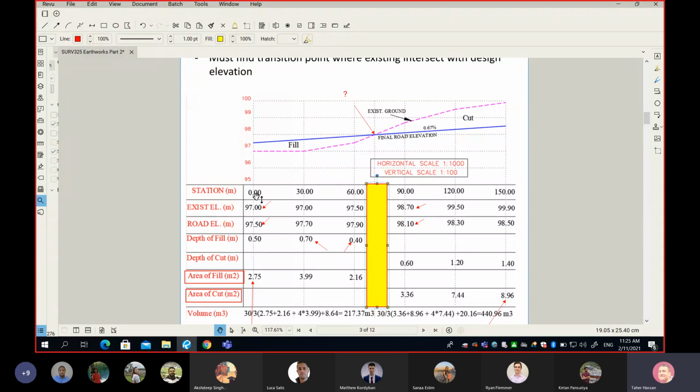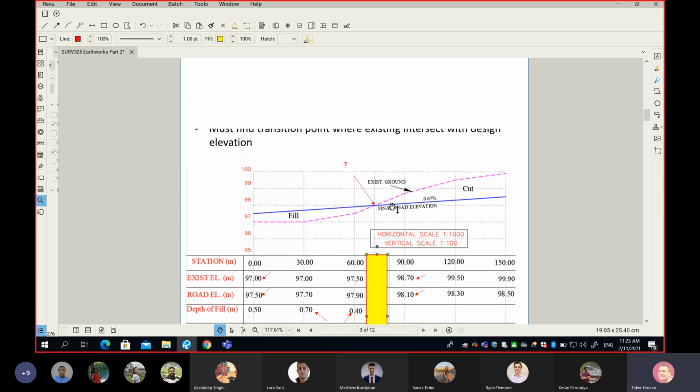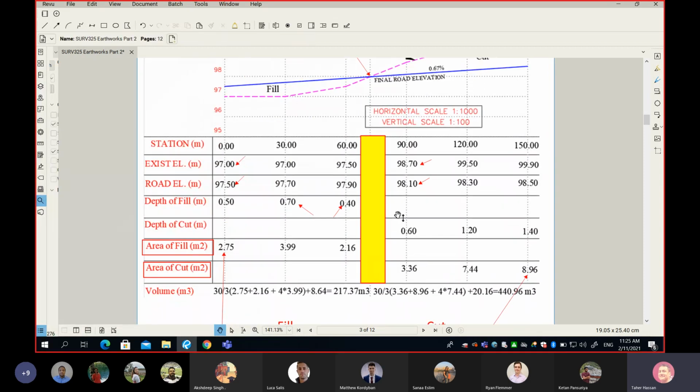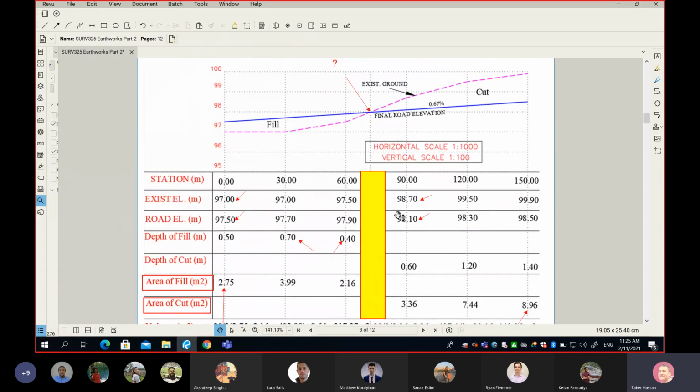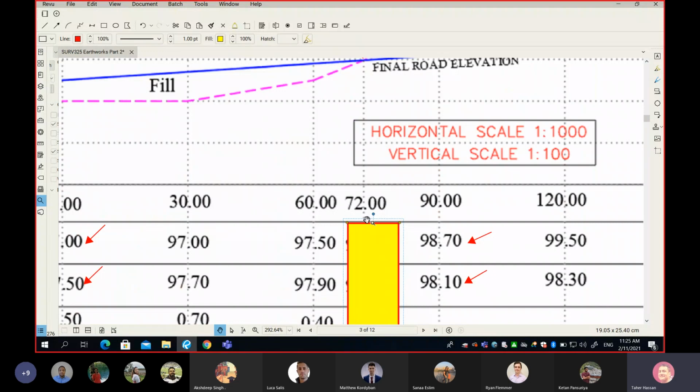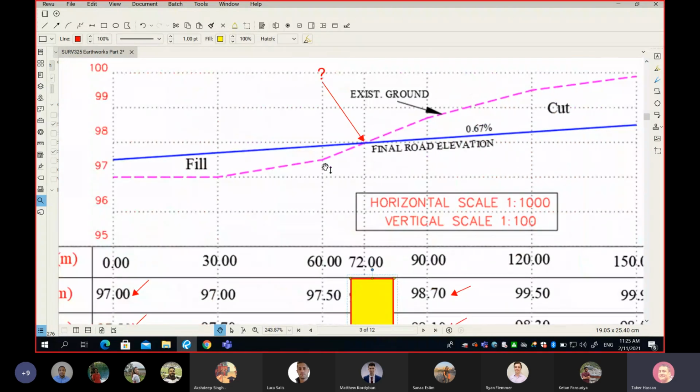We only measure the elevation at 0, 30, 60, 90, 120, 150, but we don't know where exactly those lines meet, which is not really a difficult problem. I'm going to show you how to find out where they meet, one by one.